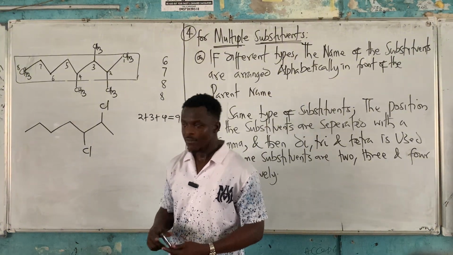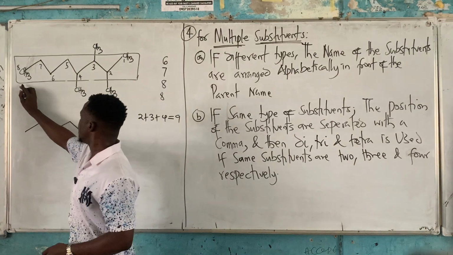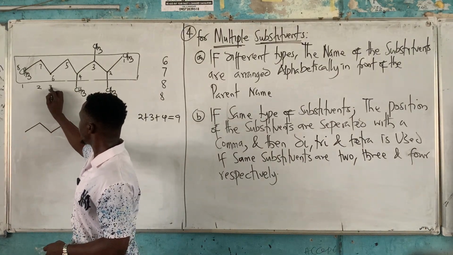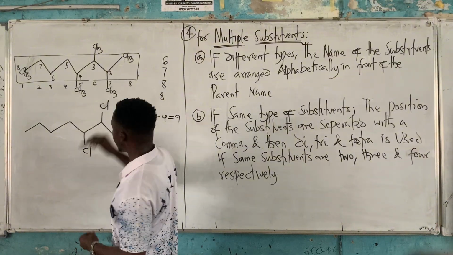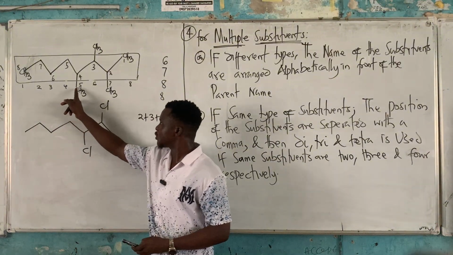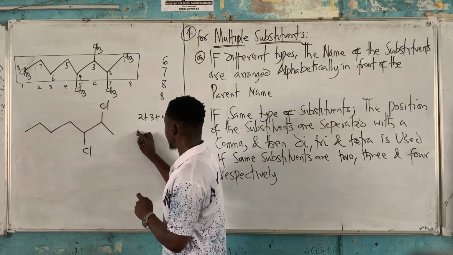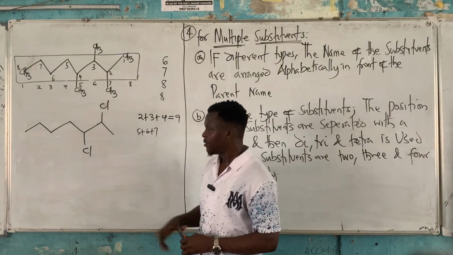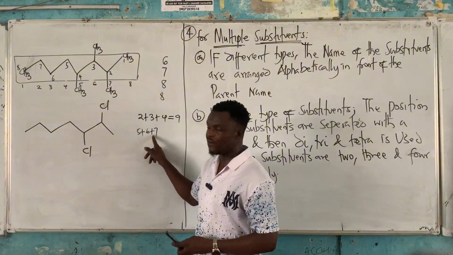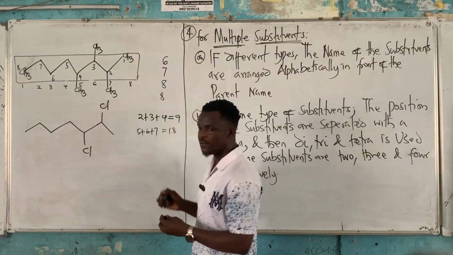9. If I follow this side, this is 1, 2, 3, 4, 5, 6, 7, 8. If I follow this side, the substituent is at 5, 6, and what? 7. 5 plus 6 is 11. 11 plus 7 is what?